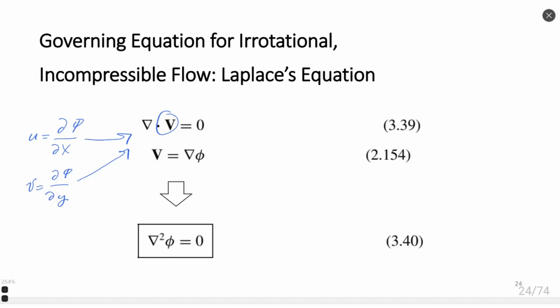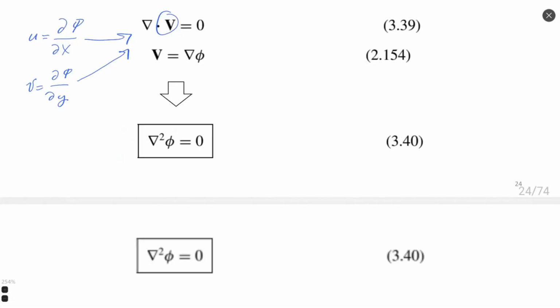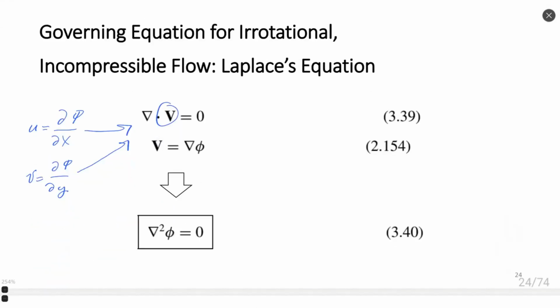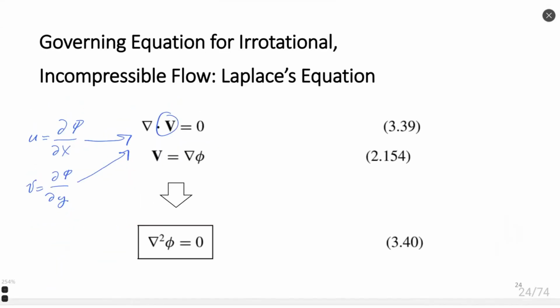When we write this equation in the Cartesian coordinate system, we will have the following: d2 phi by dx squared plus d2 phi by dy squared plus d2 phi by dz squared is equal to 0.